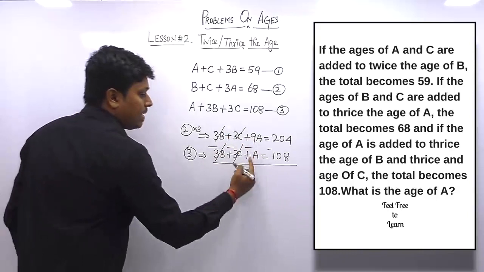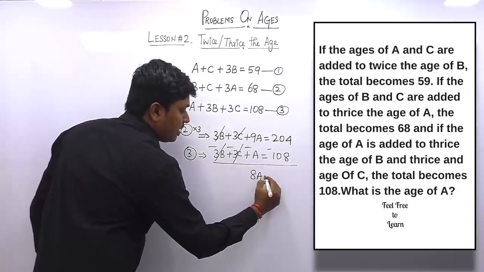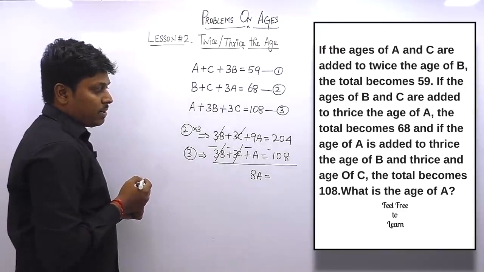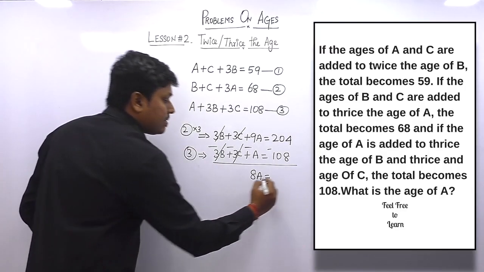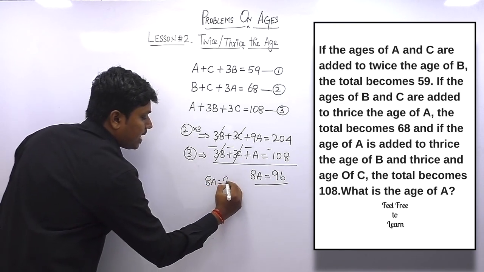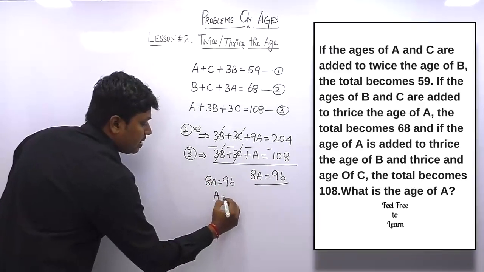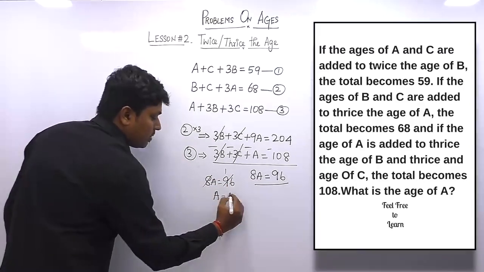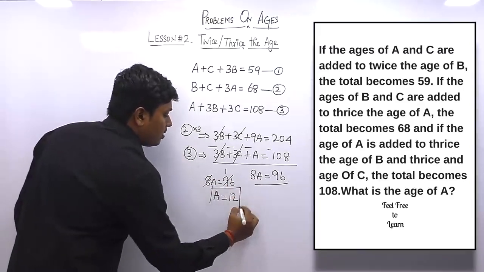So we have 9a minus a, which is 8a, is equal to 204 minus 108, which is 96. So finally 8a is equal to 96. So a is equal to 12.